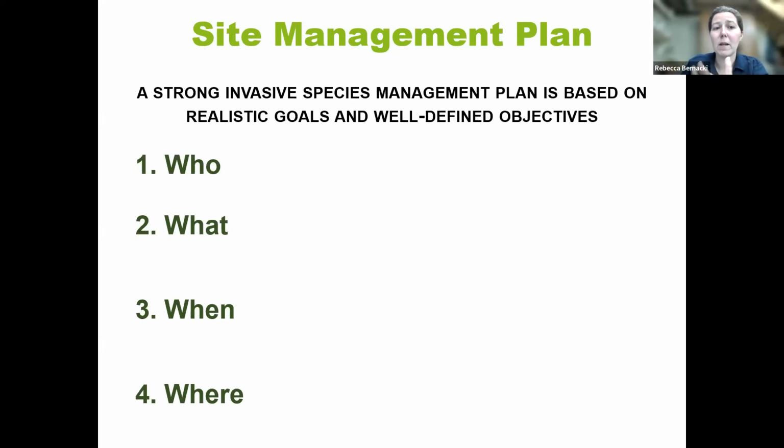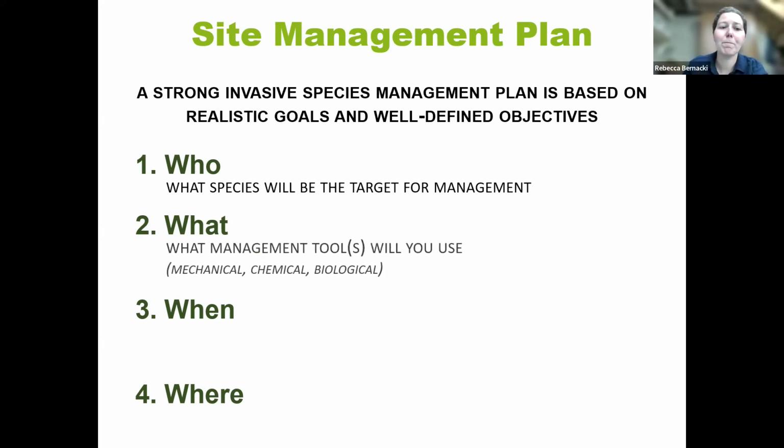So as a part of a site management plan, we want to ask ourselves the 4 questions that any great reporter, and Sean was a reporter before he came to us, knows. The first is who. So what species is going to be a target species for management? What are we trying to eradicate from that site? The next will be what. So what management tools do we want to use? Do we want to use mechanical treatment or chemical treatment?